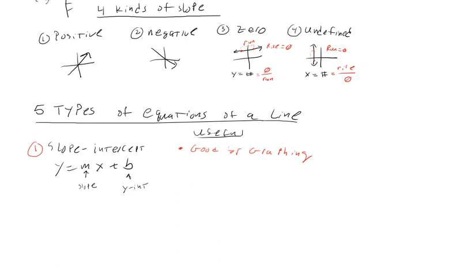You have your slope, you have your y-intercept. That's pretty useful. It's helpful because it gives you the slope and the y-intercept. So if you're given those pieces of information, you can write the equation immediately.